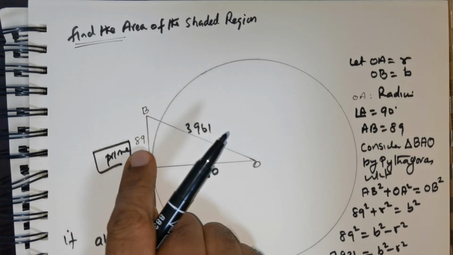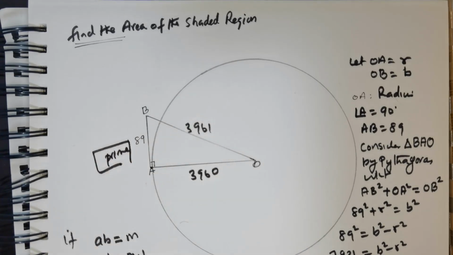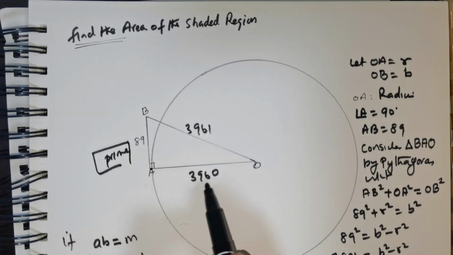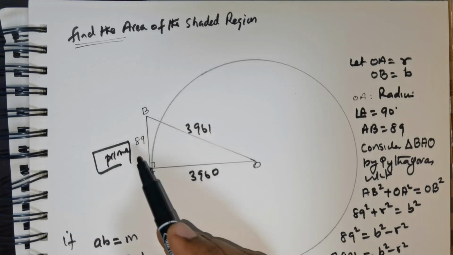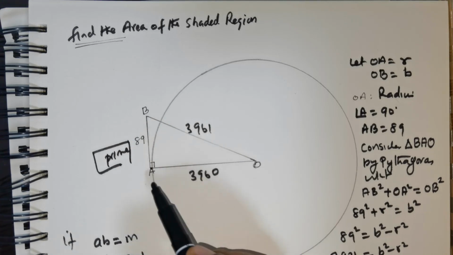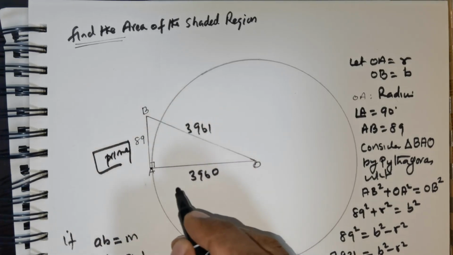Now if a given side is prime, then you will only have one Pythagorean triple. So that would mean 89, 3960, 3961 would be the only quantities that will satisfy the Pythagorean rule. What is the Pythagorean rule here?